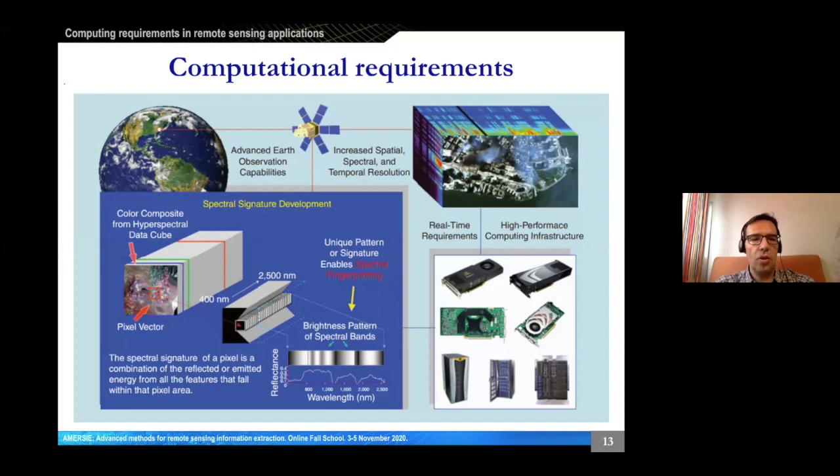Now we have a consolidated base of algorithms that has been developed over the years. But the most important thing, in my opinion, is that now we have the capacity to put this kind of instruments on board any imaging platform and perform some kind of real-time analysis.